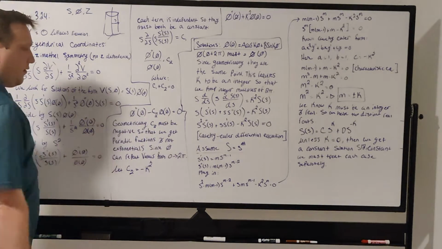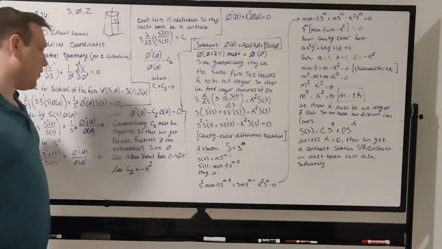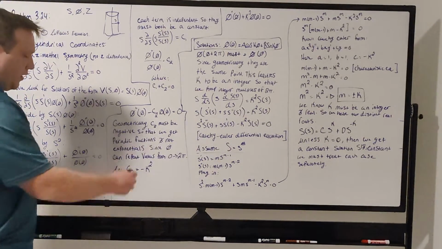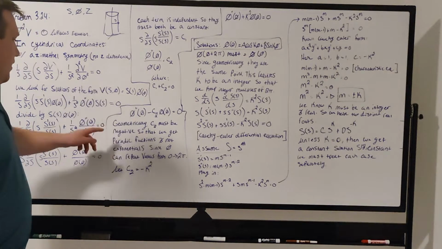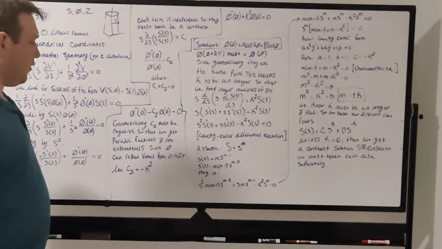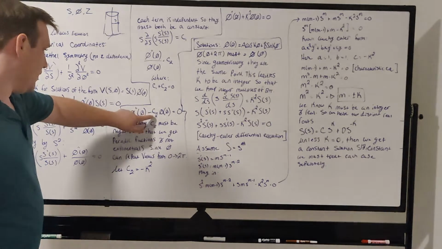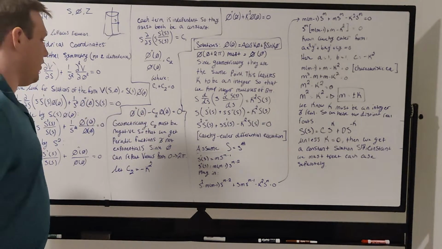If you solve this differential equation, it's a second order, constant coefficient, homogeneous differential equation. The solutions are pretty well known. Depending on whether C2 is negative or positive, you get different solutions.